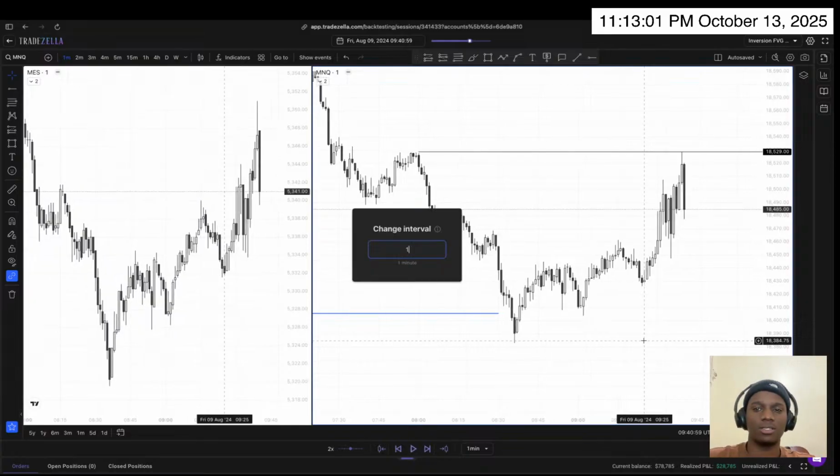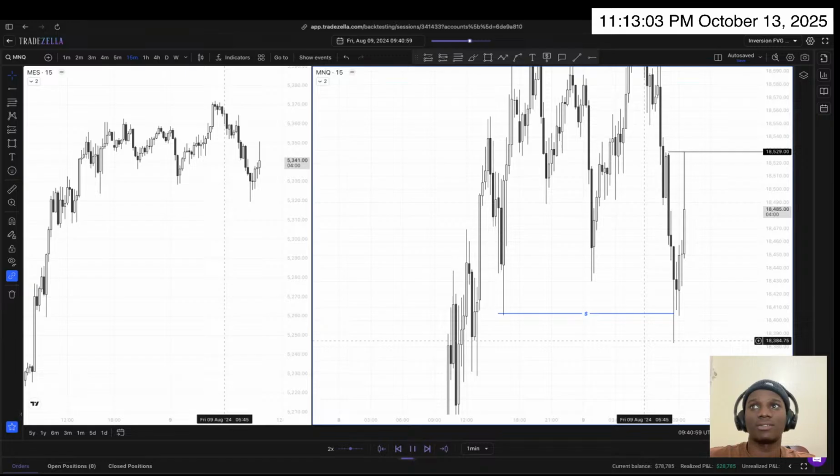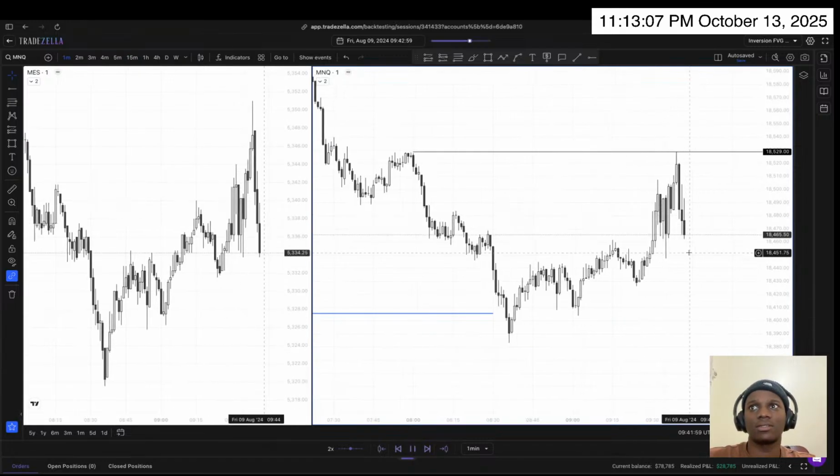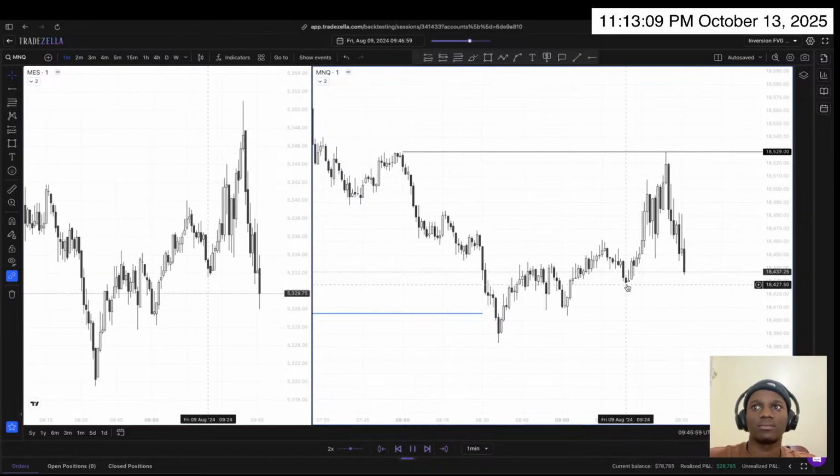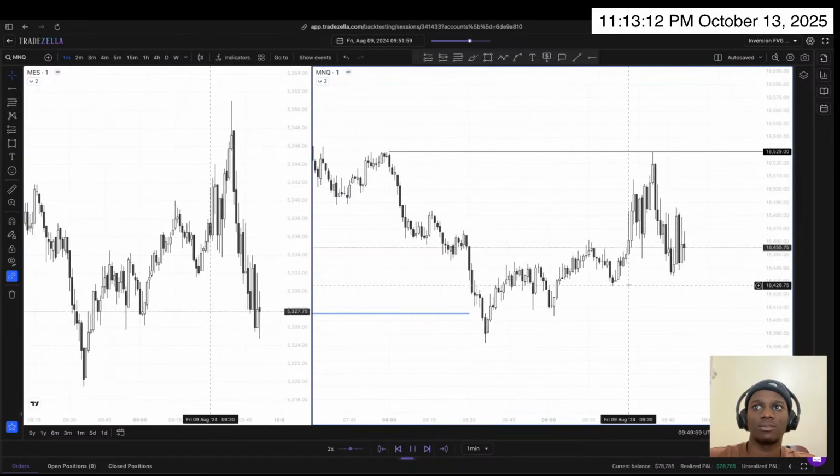Now the open is really frustrating me. Okay, it looks like we're rejecting this gap now. I'd like to see a liquidity run though.